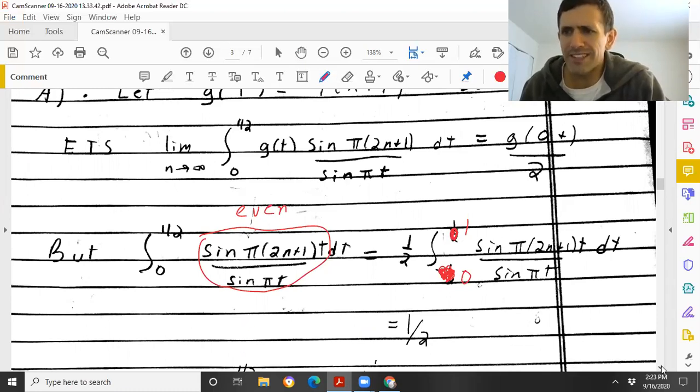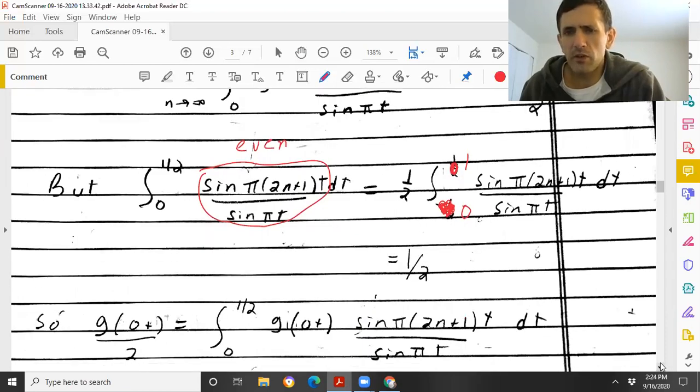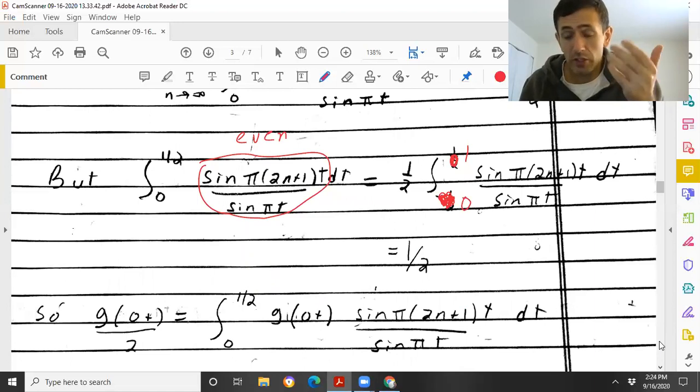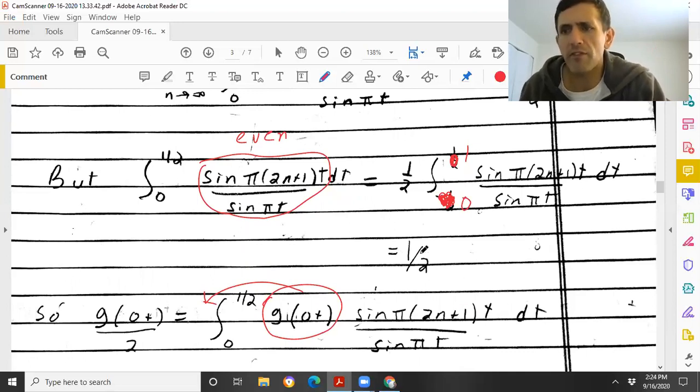Okay, so what on earth is the point of this? The point is that, like we've done with just writing an expression for Sn f of t minus f of t, we can write g of 0 plus over 2 as this integral, because this is just trivially a constant. We can just pull this constant out, and it's just g of 0 plus times this integral, which is 1/2.